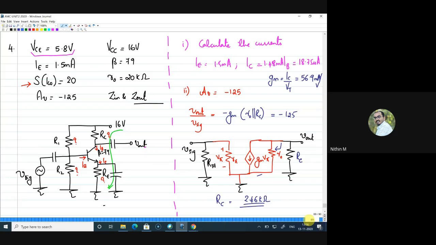All right. Now we can directly find the values of R1 and R2 following the same previous procedure. So please do it and tell me what is the value of R1 and R2.